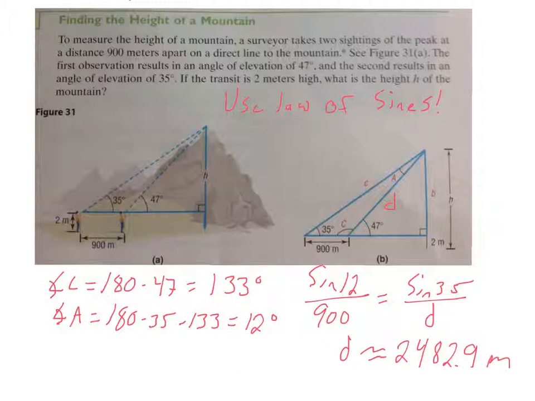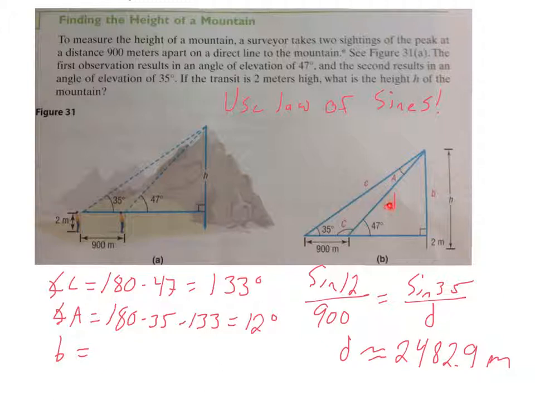So sine of 47 is going to equal B over D, opposite over hypotenuse.